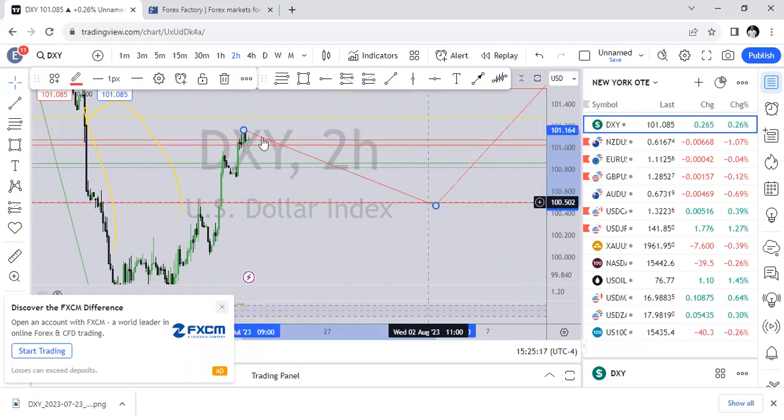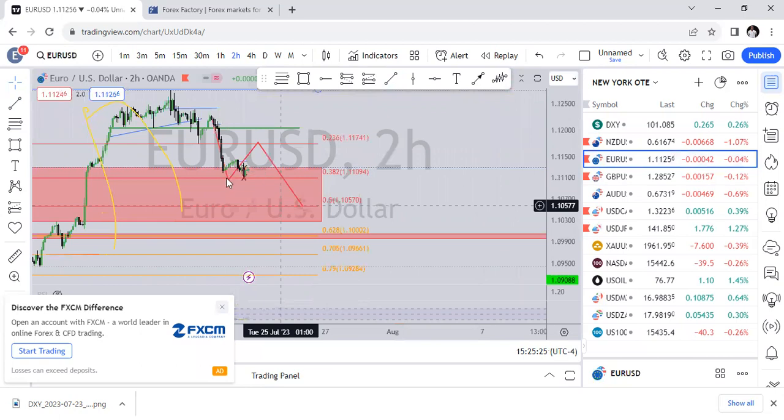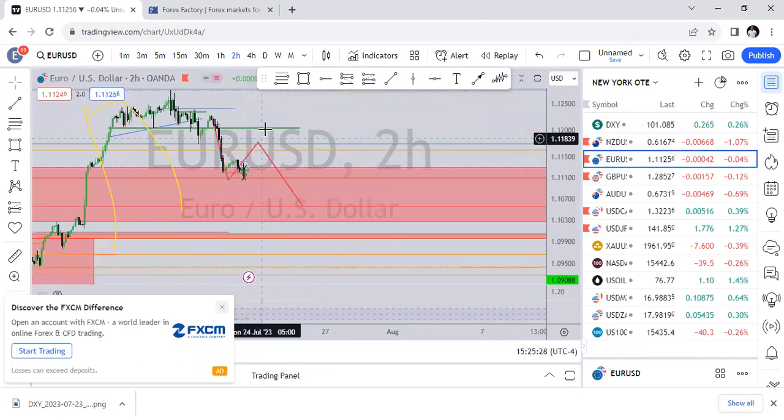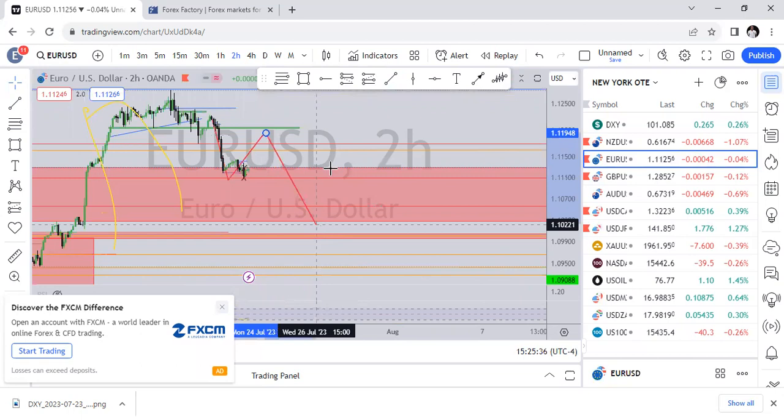When this pullback starts happening, that's when we will have this leg for the Euro USD that will give us an opportunity to participate in this sell. It will not be the trade for the week.